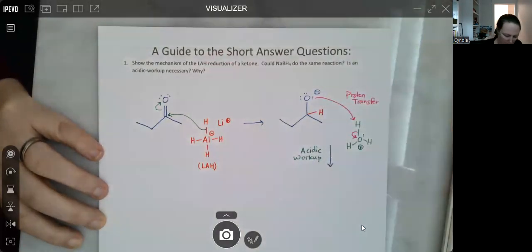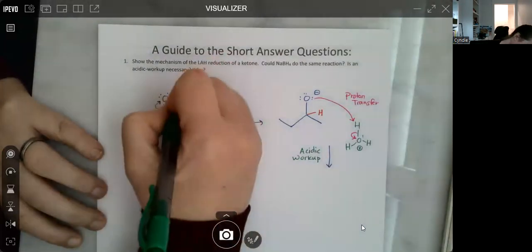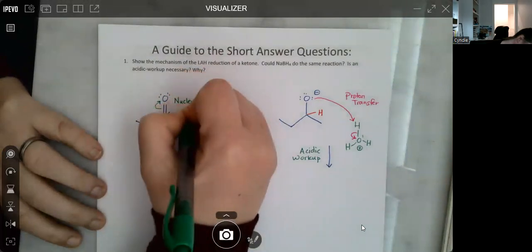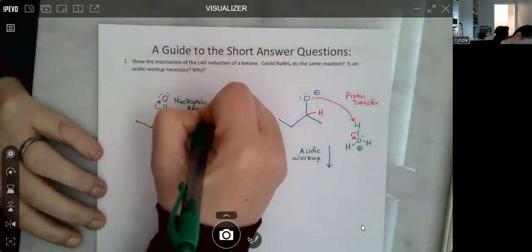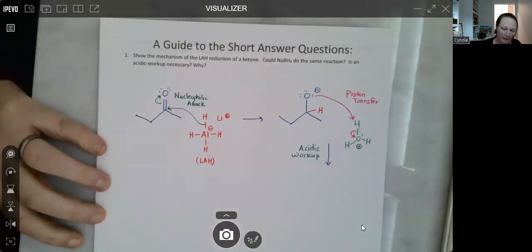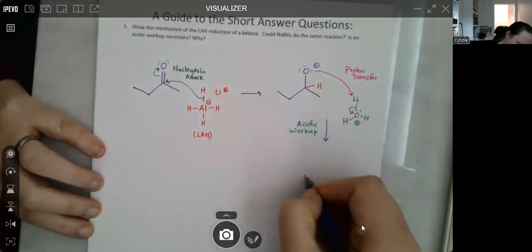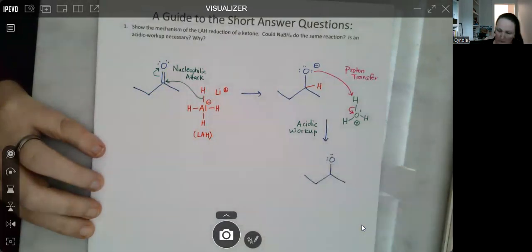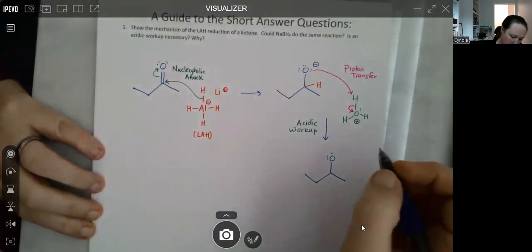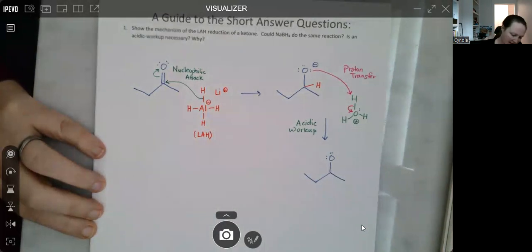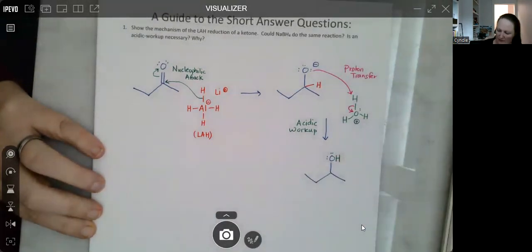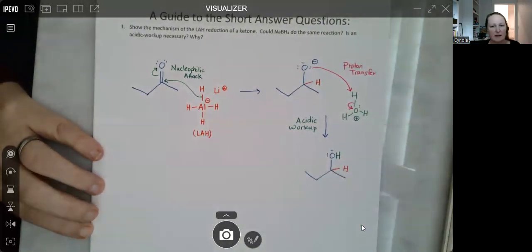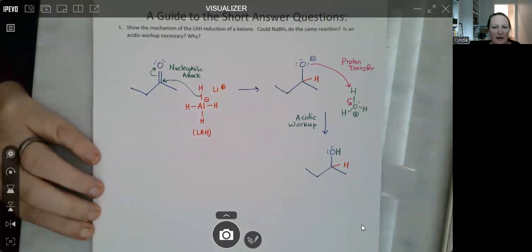And the first step was a nucleophilic attack. And then the product. So we'll draw OH. We'll draw in this hydrogen as well, using color coding to show where they come from.